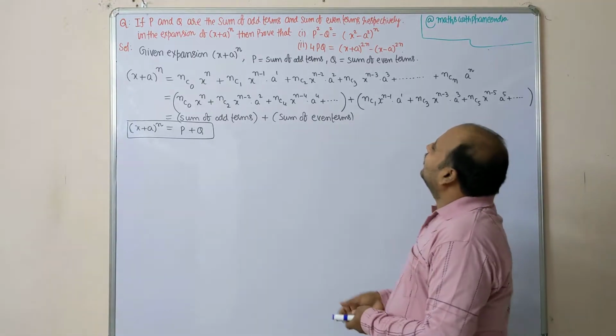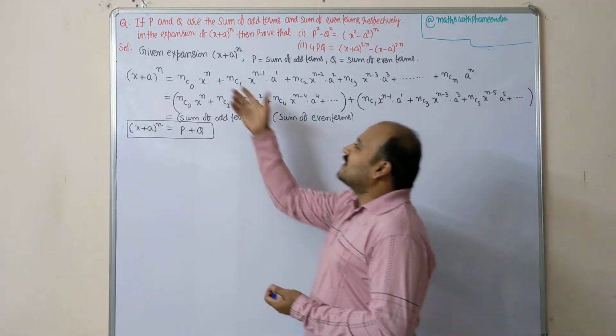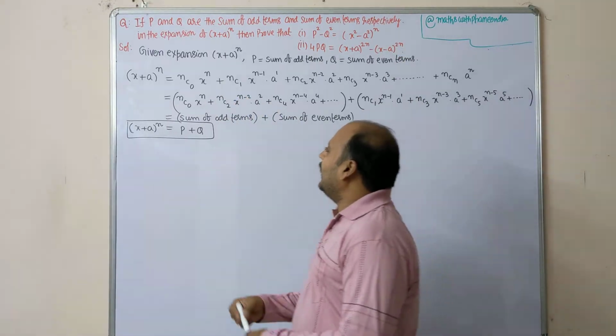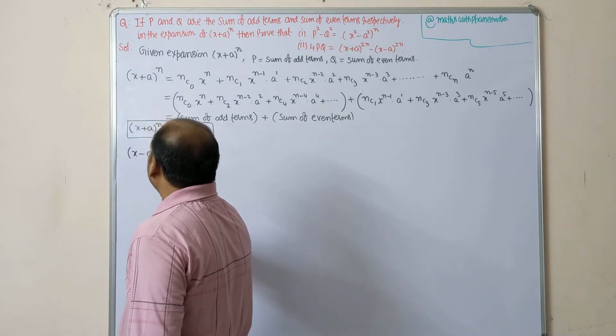Next, here x minus a is also there. So the same expansion we are going to write: (x minus a) whole power n expansion.